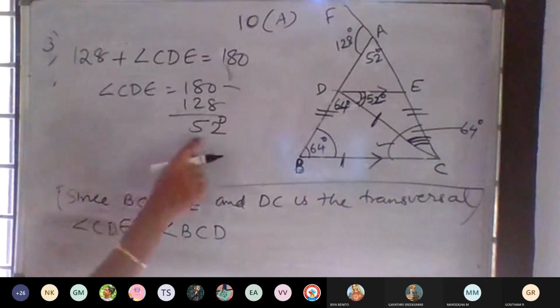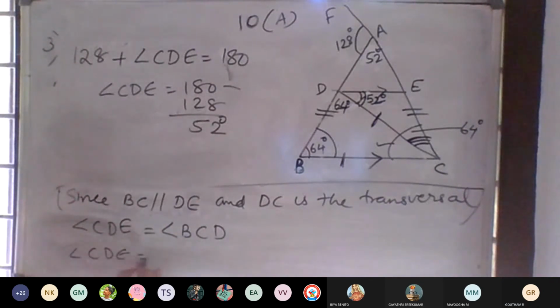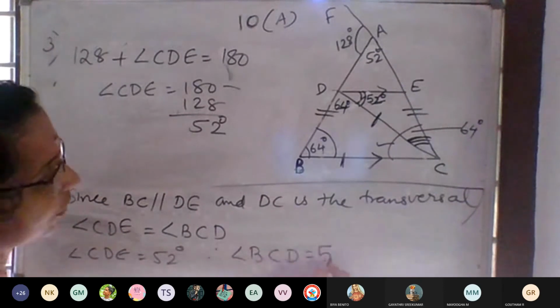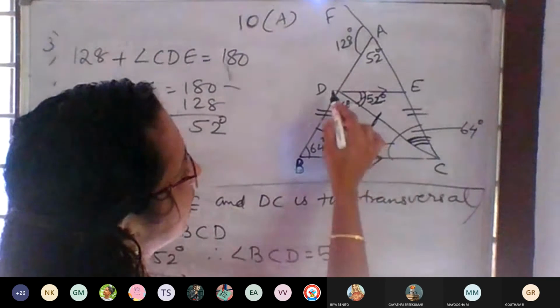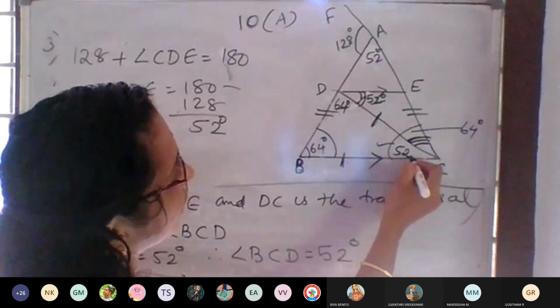CDE we have as 52, angle CDE is equal to 52 degrees. Therefore, angle BCD is also 52 degrees. What do we have to find out? Angle CDE is 52, so BCD we got as 52 degrees.